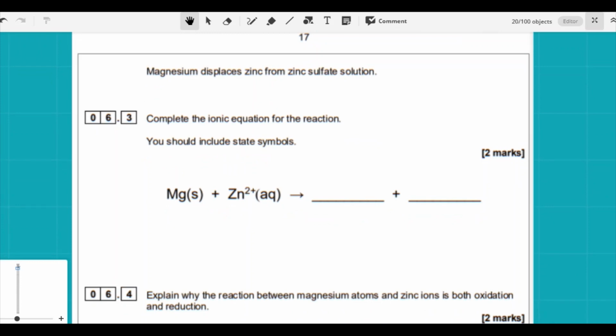Okay, next question. Magnesium displaces zinc from the zinc sulfate solution. Complete the ionic equation for the reaction. You should include the state symbols. So here magnesium is solid, zinc is in ionic form.